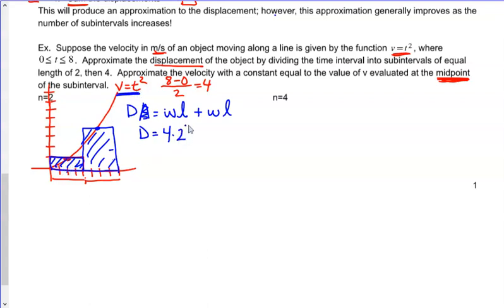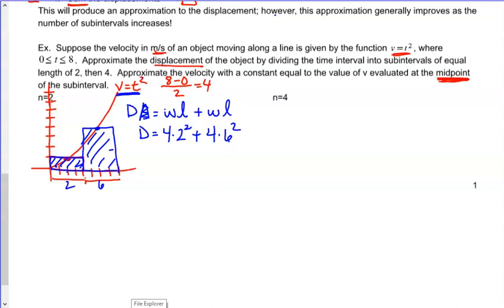So that means I plug in 2 and get 2 squared. Then I want to do the same for the next one. What is my width here? That distance is 4. What is the height, or the length, of that rectangle? That means I need to find the function value at t equaling 6. Those are the important values that I have here. Plug in 6 to my function, and I get 6 squared.